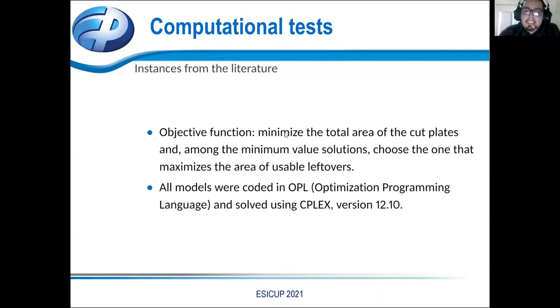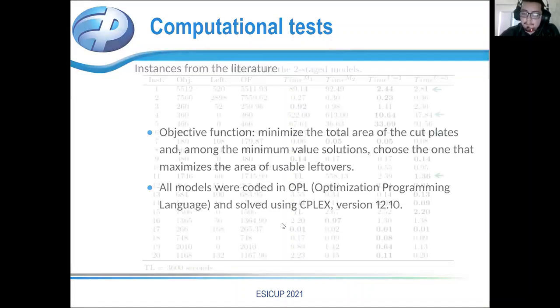For this set of tests, we use this objective function, so we are in the same space of solutions as the models from Andrade. All these models were coded in OPL and solved using CPLEX version 12.10.